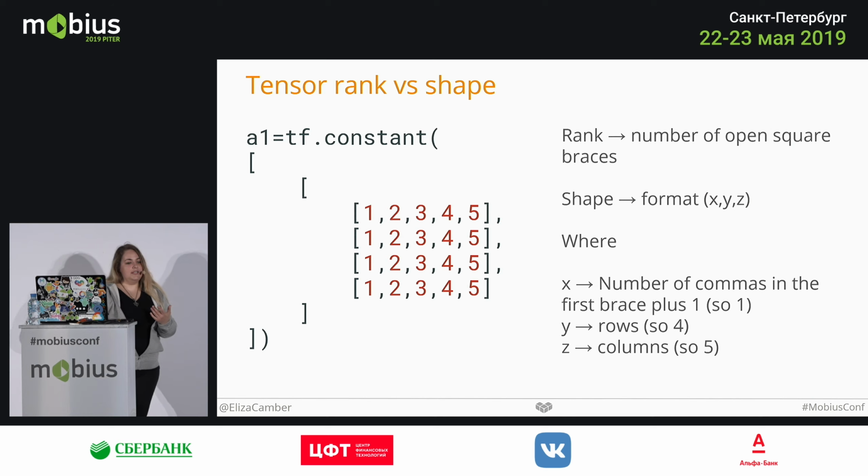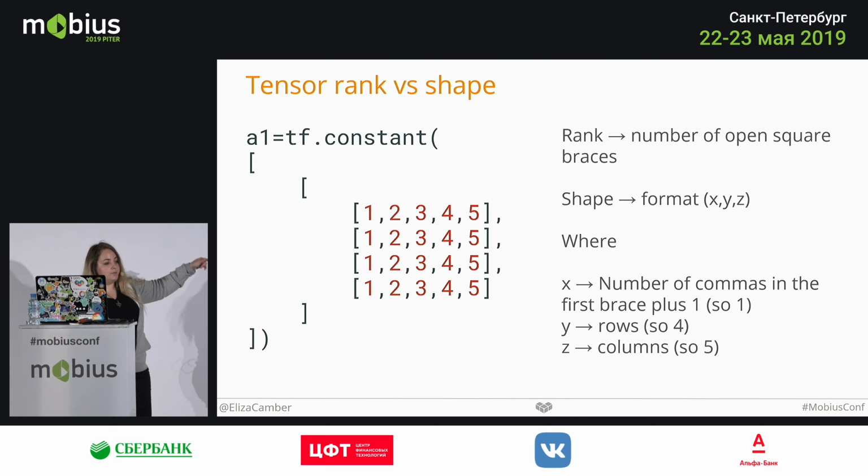This is a hack that I found online and I really loved it, to detect very easily what the rank and the shape are. So the rank is the number of open brackets. If you count them, it's 3. So the rank of that thing is 3. And then for the shape, you know that you have a format of XYZ because it's a rank 3. So the X is going to be the number of commas after the first brace, plus 1.